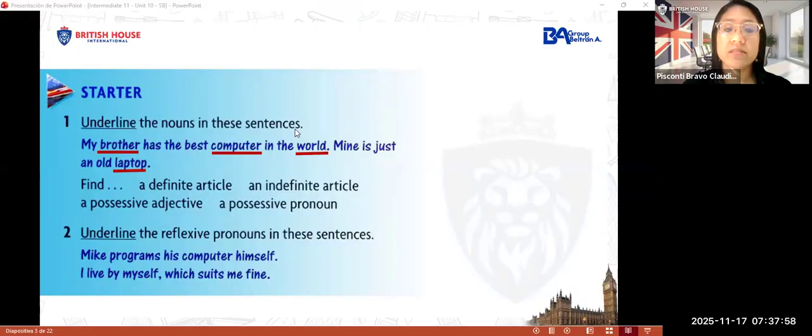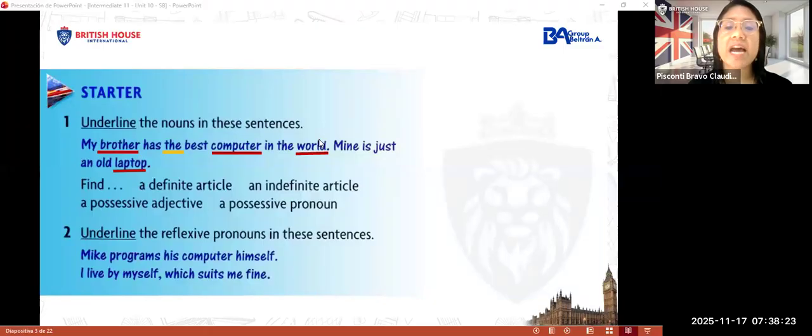Yes, definite article: the. It's a definite article because we're referring to something in particular. The best computer. We're talking about a computer in particular, not any computer. This computer is the best in the world. So this is a definite article.